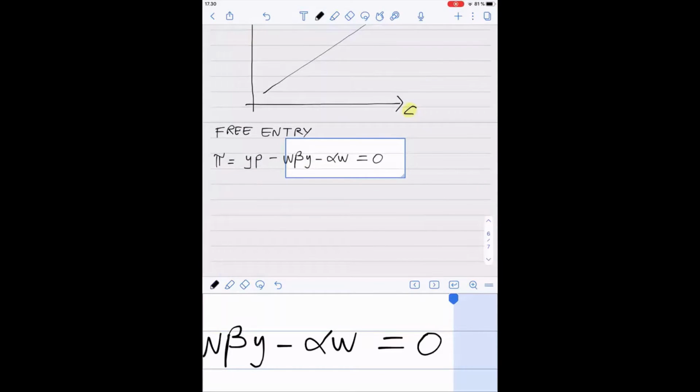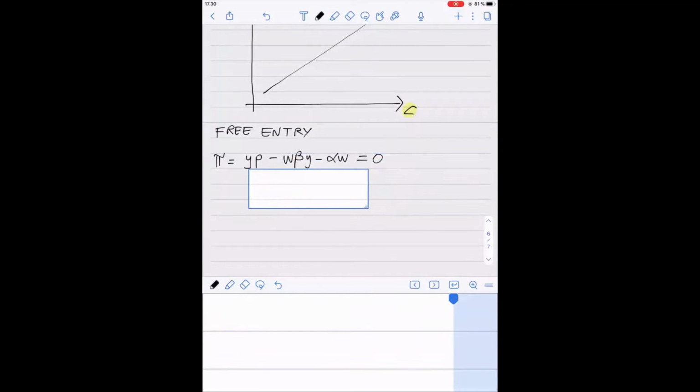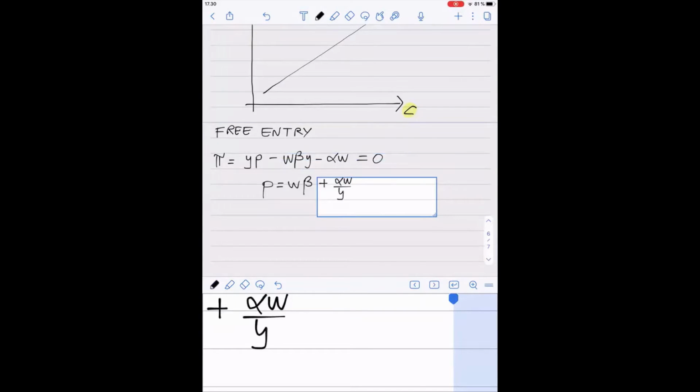And then what we're going to do is keep the price on the left-hand side and set it equal to whatever is left. And we have the wage, beta, the Y cancel out, plus alpha wage over output.